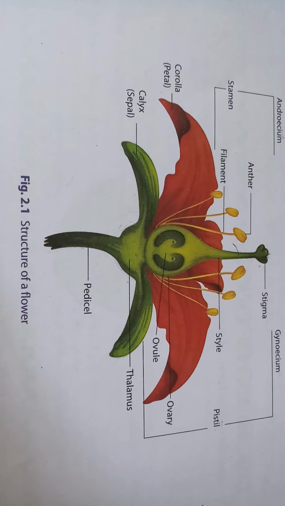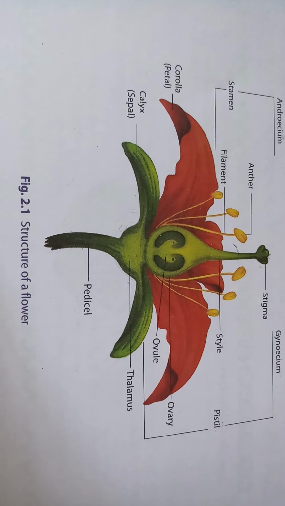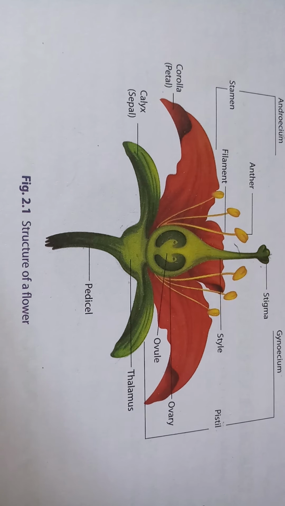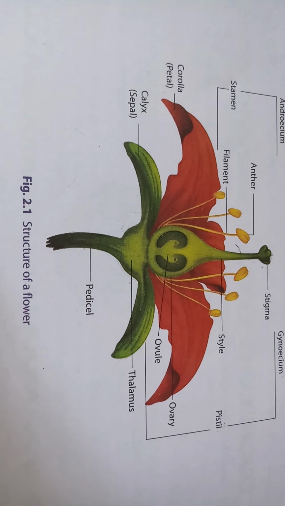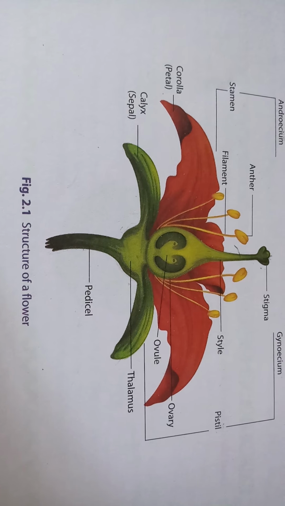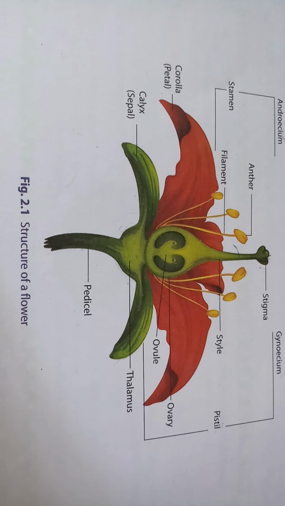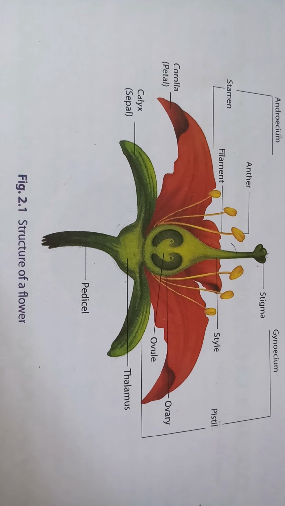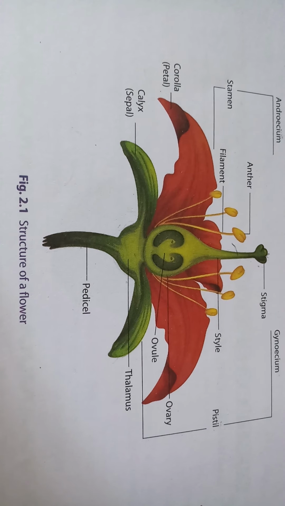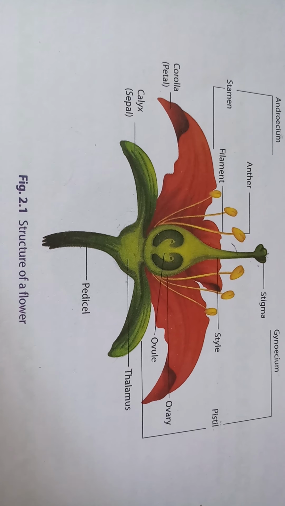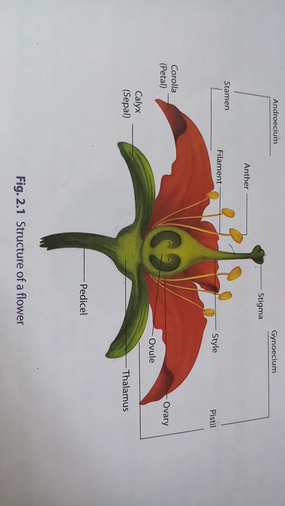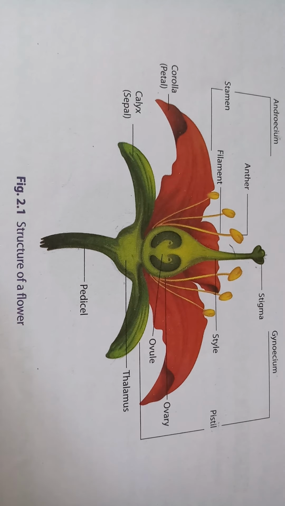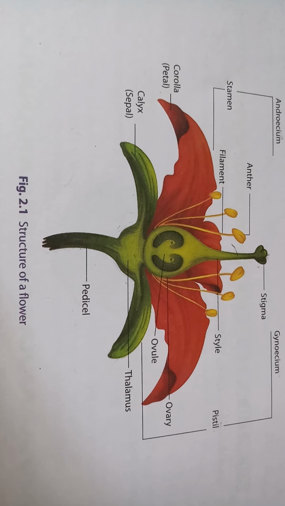So the function of anther is to produce pollen grains, and the function of the filament is to hold the anther. Now, this whorl is not necessarily present in all flowers. In unisexual flowers, either the male or the female reproductive part is absent.